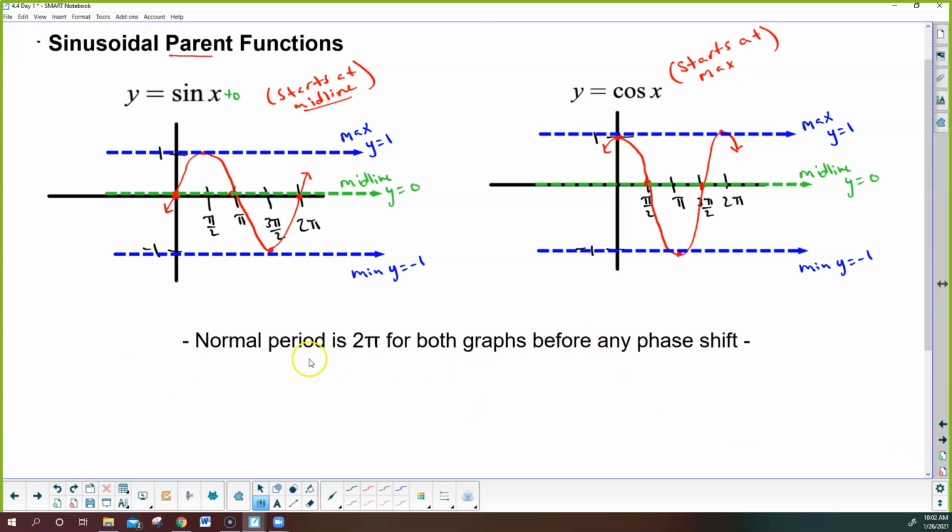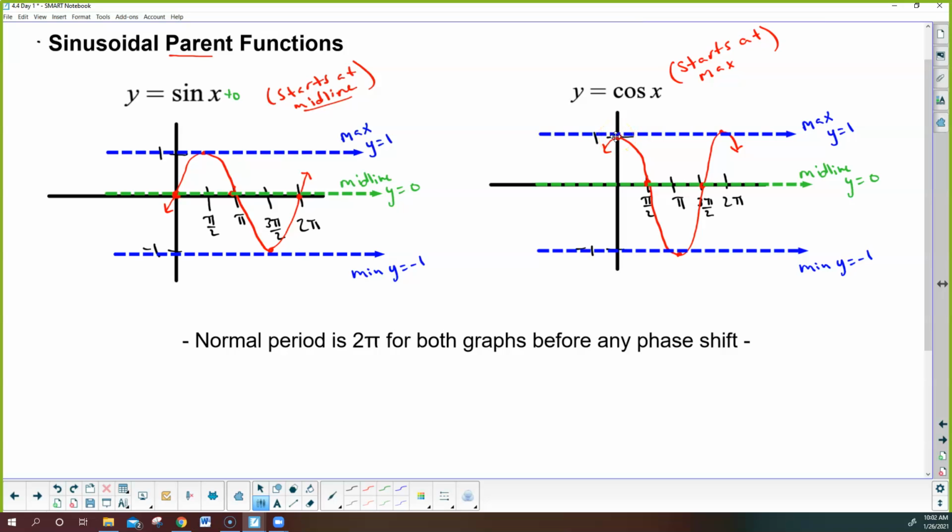And then the last thing to mention is that, notice the normal period to go from where you started, in this case for sine, it was midline, and then you have to go through a full cycle, max, midline, min, back to the midline. So once you go back to where you started, that period is 2 pi. It is a length of 2 pi. Right? And that's the same thing with cosine. This just happens to start at the maximum.